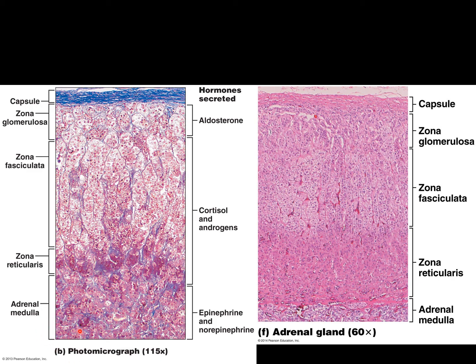Finally, in this photomicrograph, we see the adrenal medulla, and the adrenal medulla has a different embryonic derivative than the adrenal cortex. It has a nervous system derivative, and it produces the catecholamines, epinephrine, and norepinephrine by direct nervous stimulation.